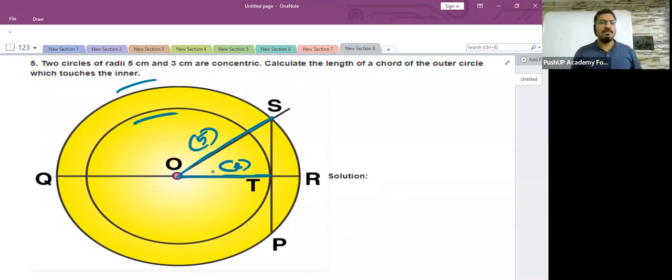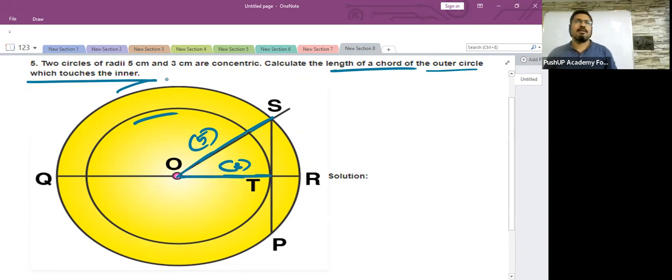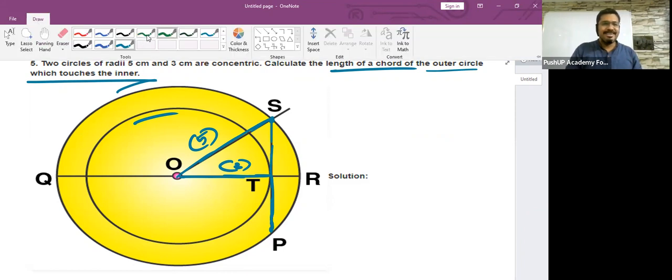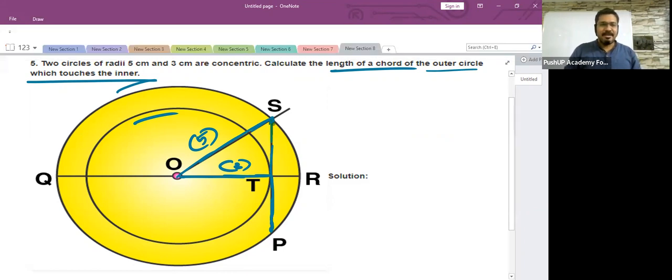Now they are asking us to find the length of the chord of the outer circle which touches the inner circle. What does that mean, children? Length of the chord of the outer circle, which is the chord SP. Listen, children.